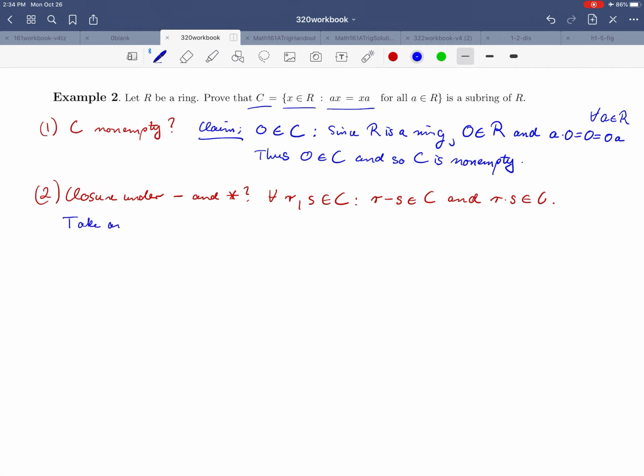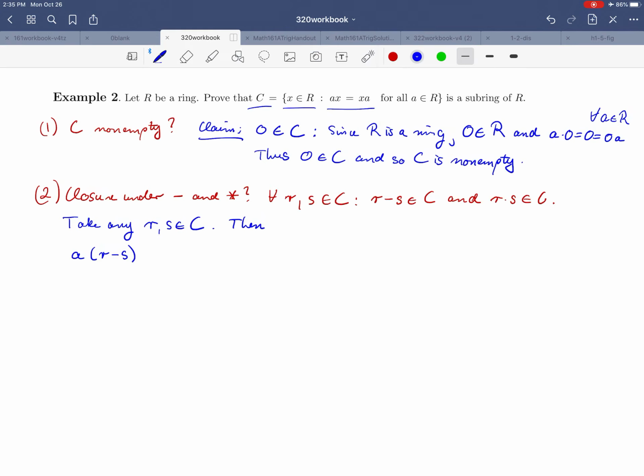So take any R and S in C, and then let's look at what A times R minus S looks like. Because we want to show that A times R minus S is equal to R minus S times A, so that we can conclude that R minus S is an element in C. Because that's a condition.